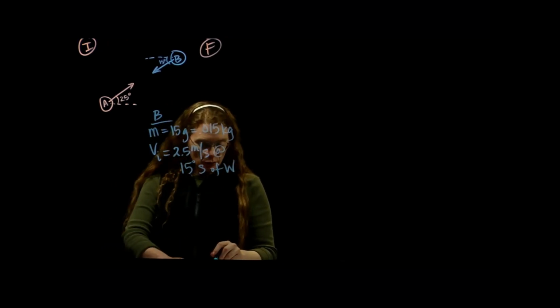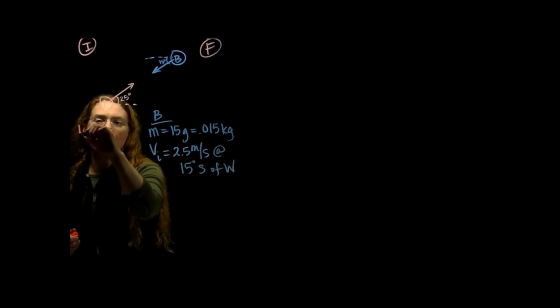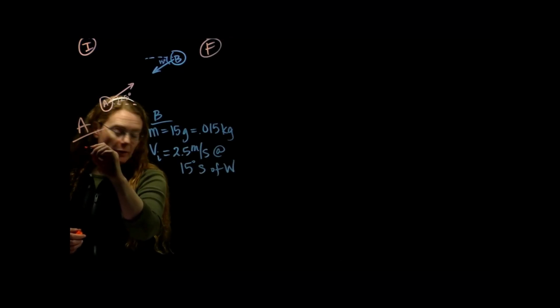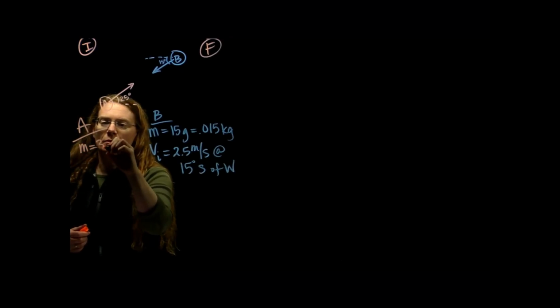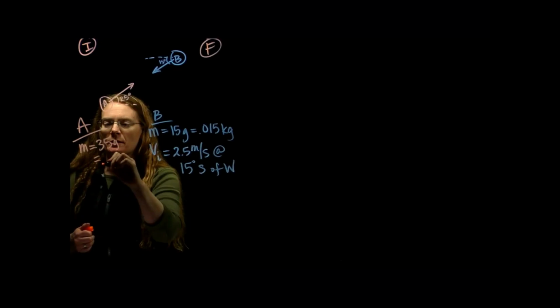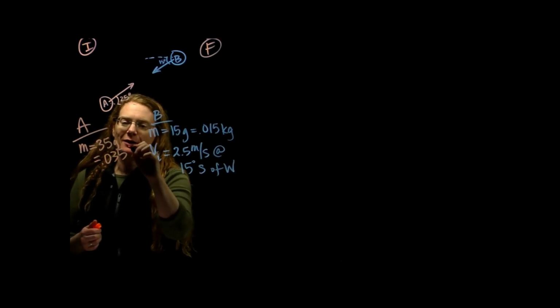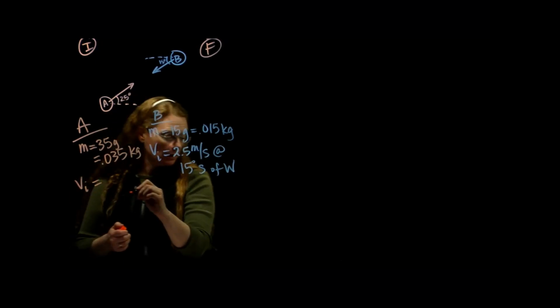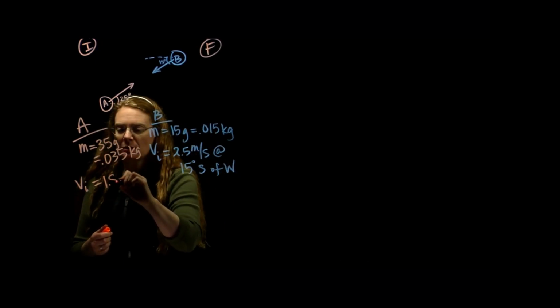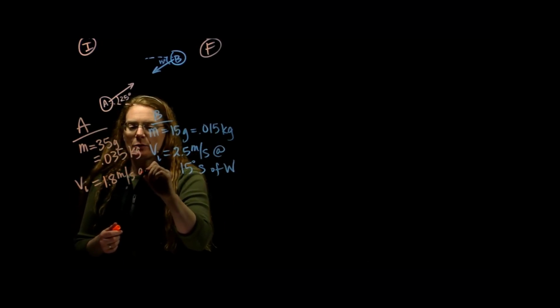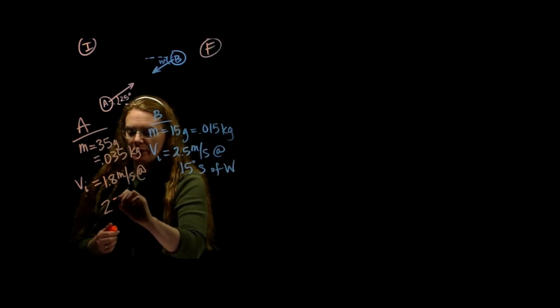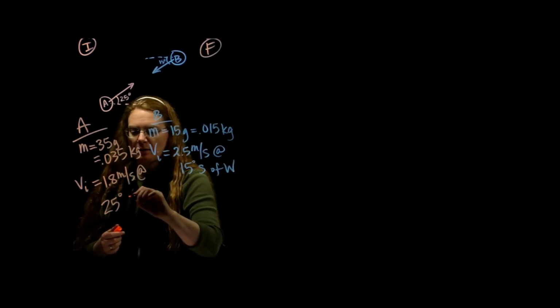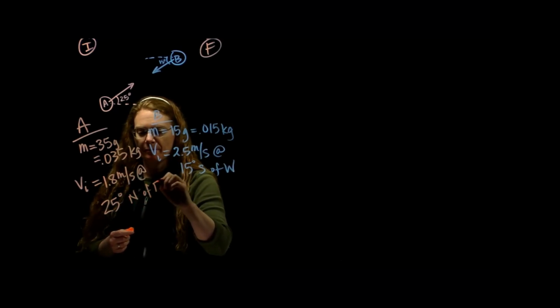Our first one is a mass of 35 grams, so that's 0.035 kilograms. And here we have an initial velocity of 1.8 meters per second at 25 degrees above east. So that'll be north of east.